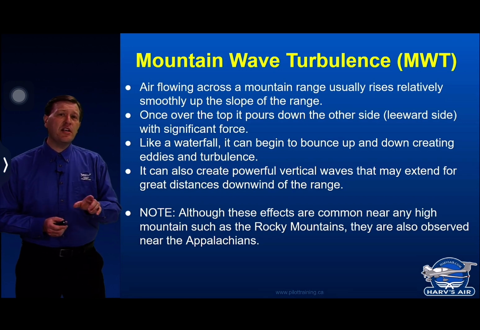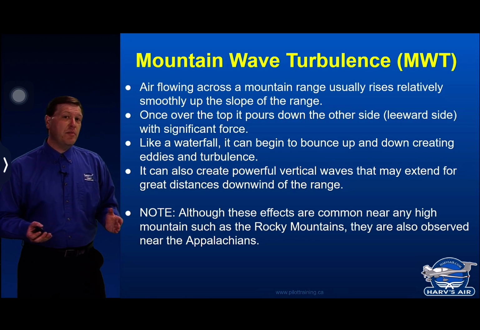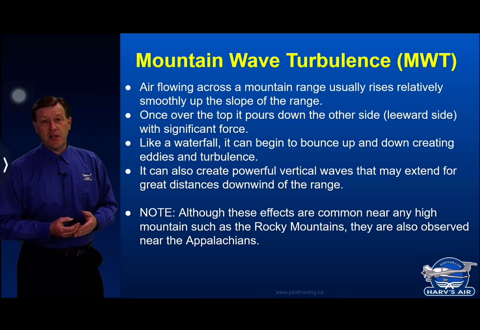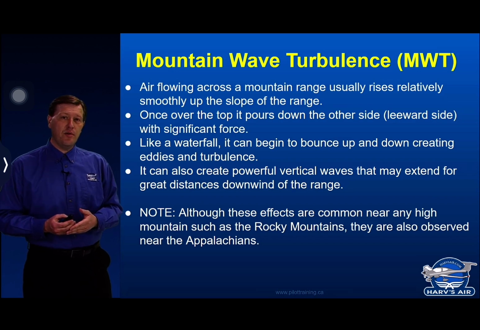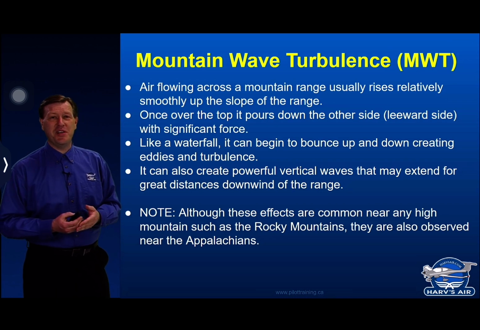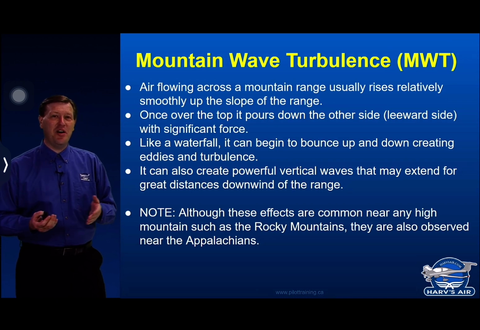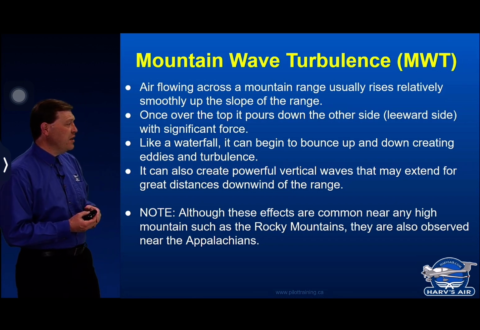Now, here's one thing that a lot of people don't think of. Often when they think of mountain wave turbulence, they instantly think of the Canadian Rockies. Really tall mountains, right? Well, not tens of thousands of feet, but getting into the 12, 13,000 foot range, 14,000 feet sometimes.